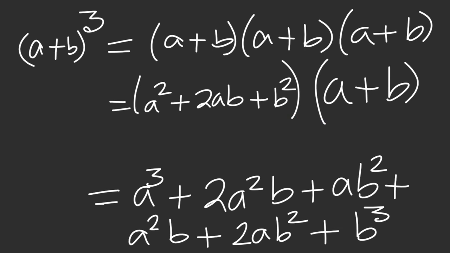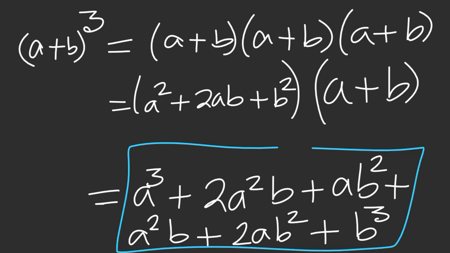All we need to do now is arrange these 6 terms into the formula that we already got. How do we get it? You can see that you have twice a square b and you have another a square b here.